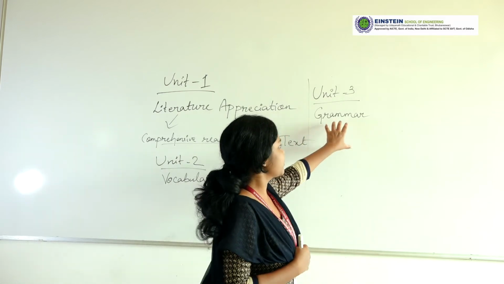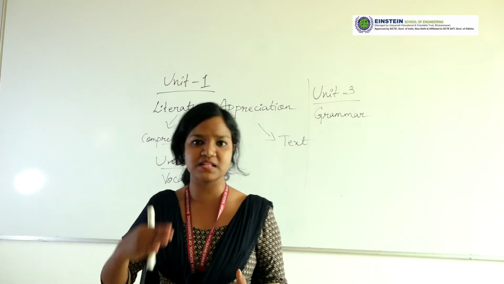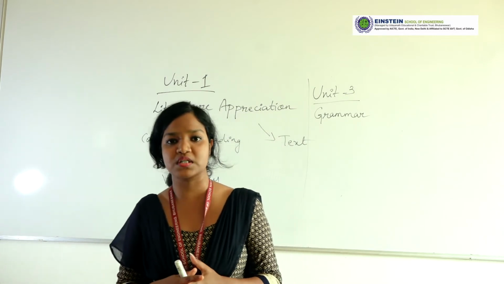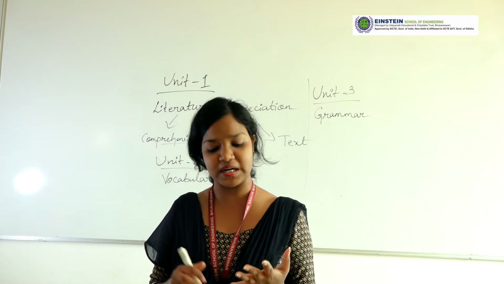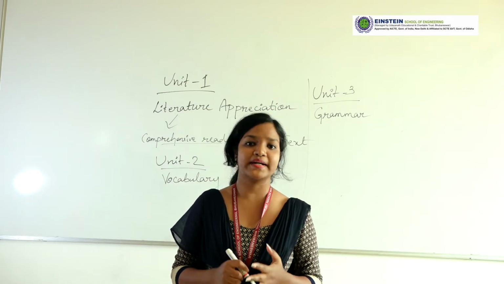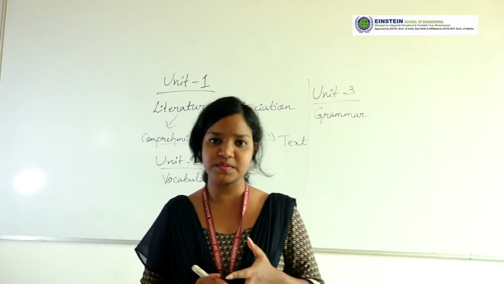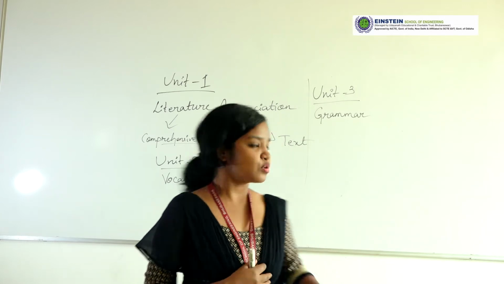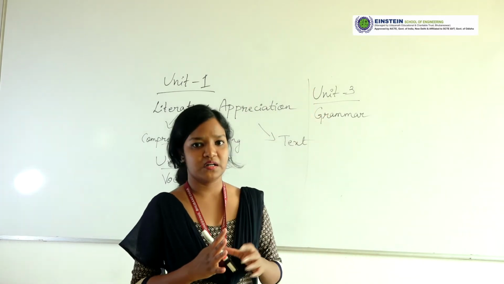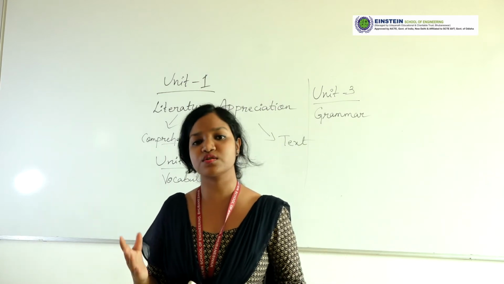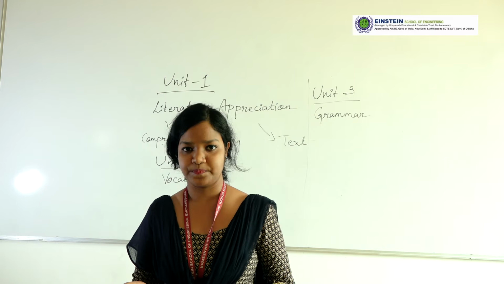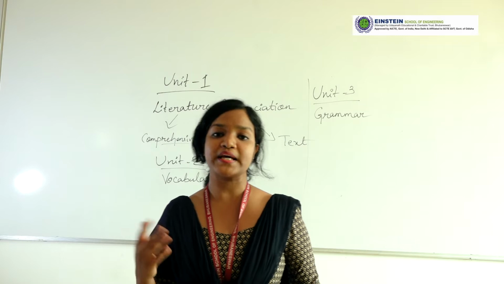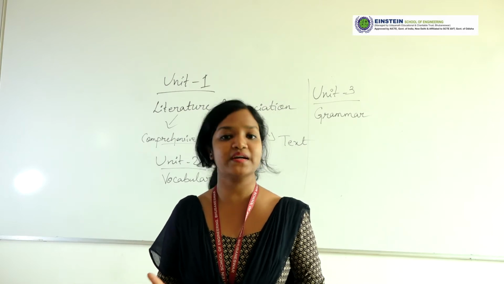So this unit, the third unit, is again subdivided into 6 to 7 chapters, which includes the chapters from grammar like countable and uncountable nouns, articles and determinants, modal verbs, prepositions, concord, active and passive voice, and tense. So this unit is focused on teaching the students the proper usage of grammar so that they know the rules and they can thoroughly execute the grammar rules into their speaking and writing skills.